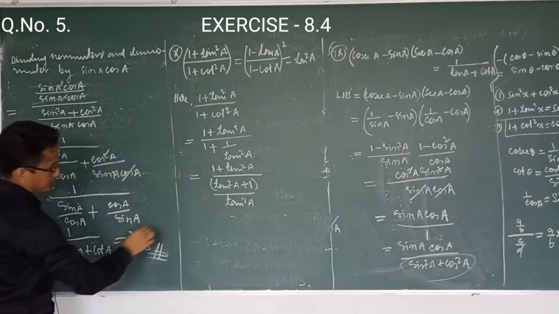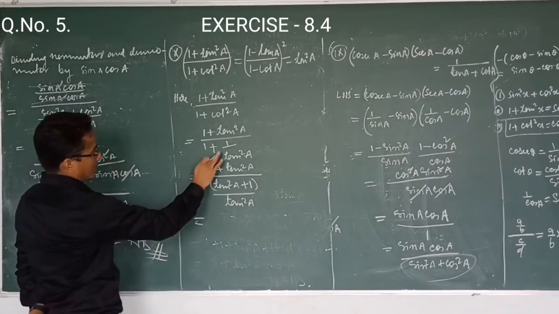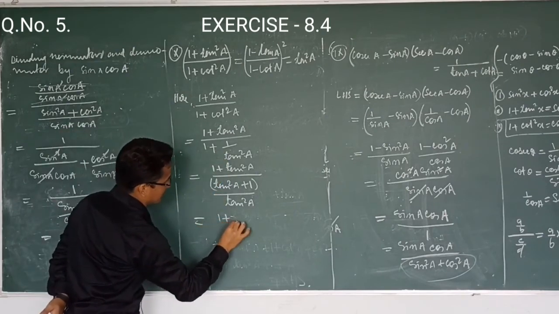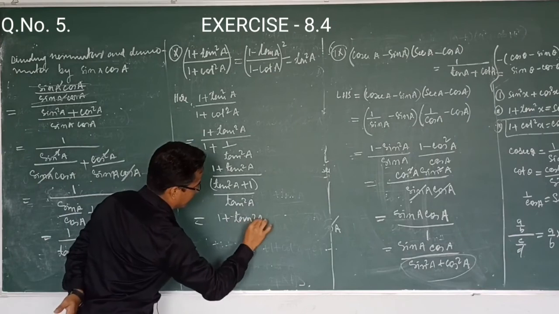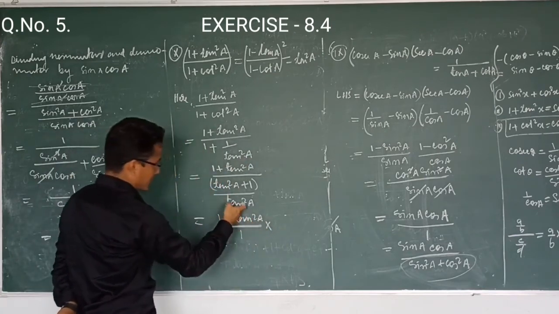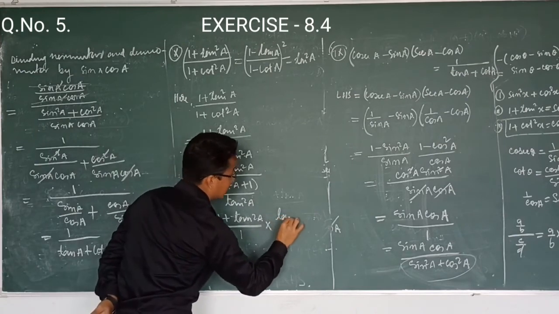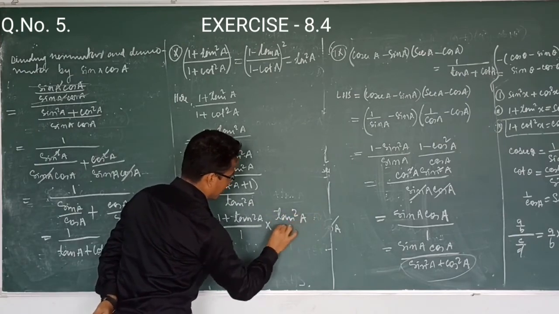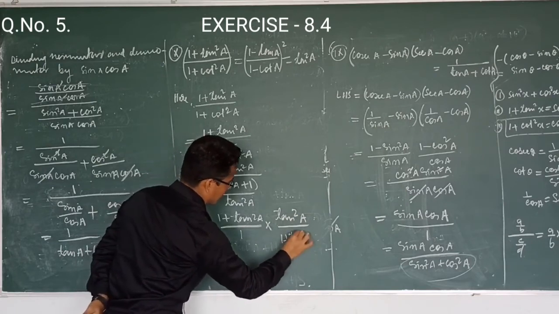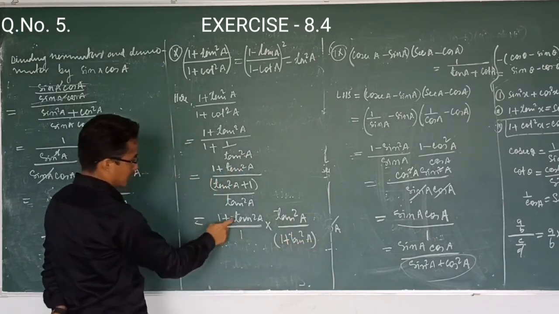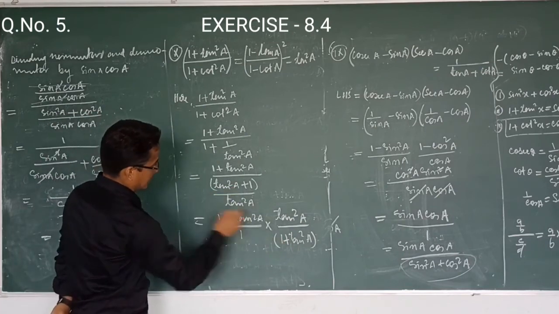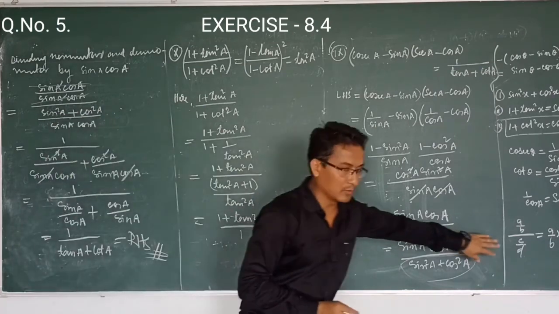Okay, now this you will see, then this is tan²A by (1 + tan²A)... Okay, yes. This term is this, so we use that one again.